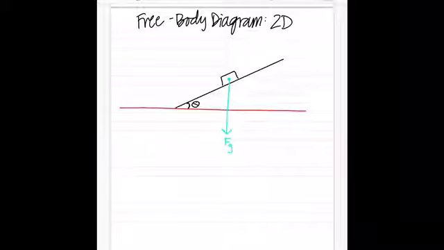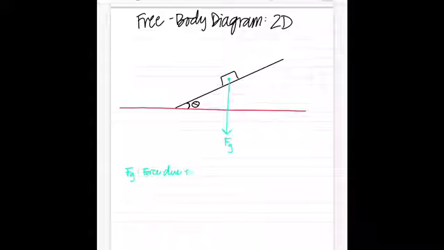That is the force of gravity. I'm going to put a little key down here so you know what each of these means. I was going to say force due to the acceleration of gravity, but I'll just say force of gravity.